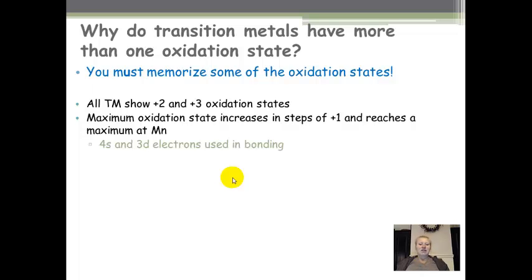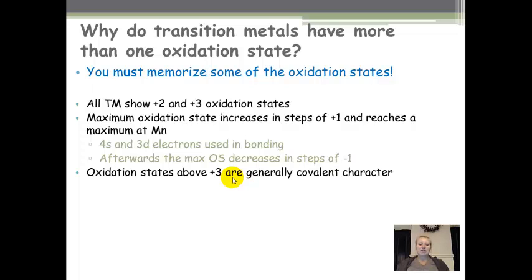The 4s and 3d electrons are used in bonding, and after you get to manganese, the maximum oxidation state decreases in steps of -1. Oxidation states above +3 are generally covalent in character when the transition metals bond. Compounds with higher oxidation states tend to be oxidizing agents, which means they like to gain electrons.